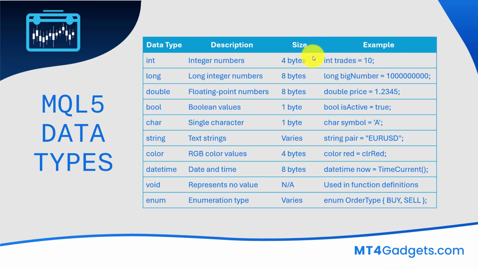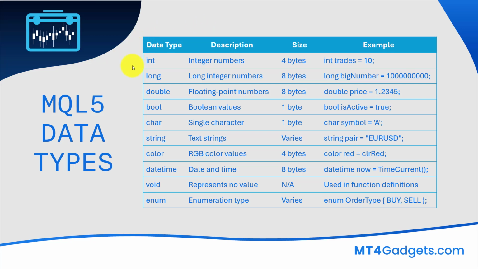So in this example, we are declaring a variable named trades with a value of 10, and we tell the programming language that this variable will be of an int type because it's an integer number.